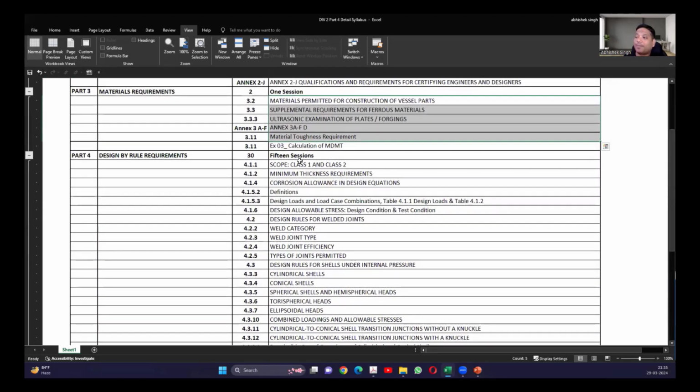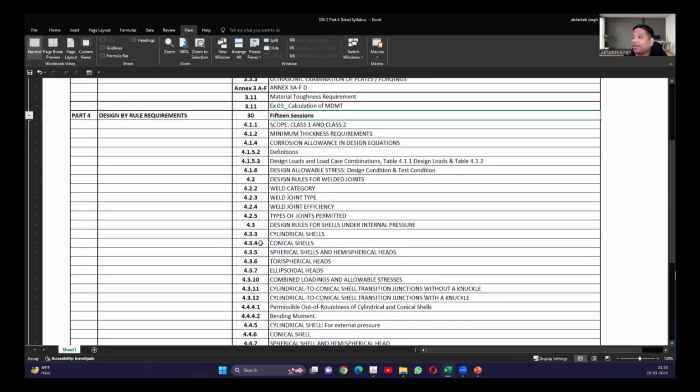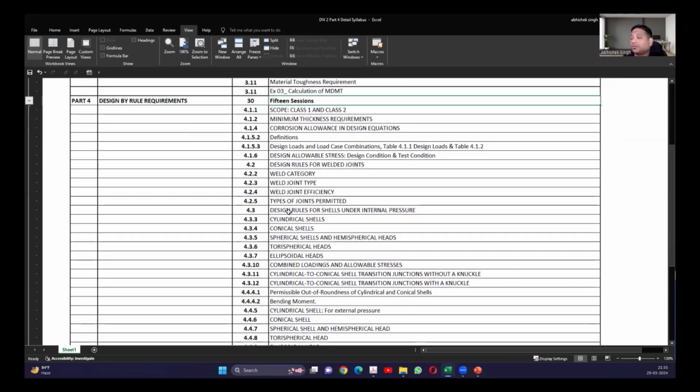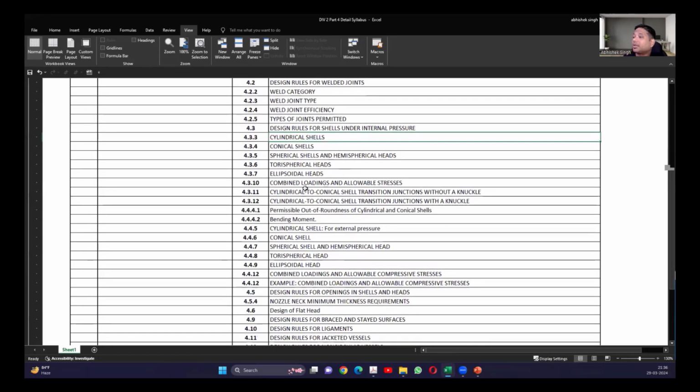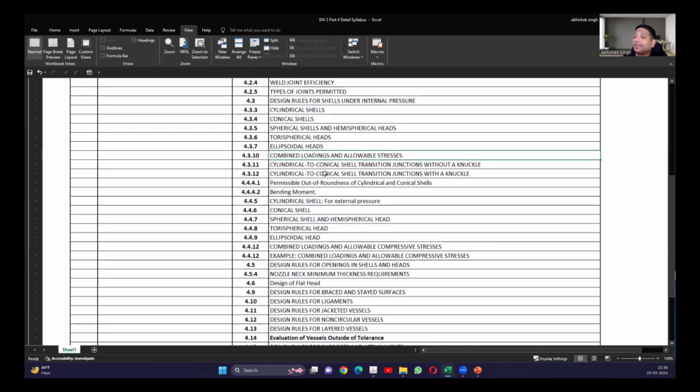Then part 4 is very, very detailed. Lots of additional calculations you'll see here, and most of the calculations in the mandatory appendix are also covered here. Starting from the different design loads, types of loads, types of components, design for internal pressure, external pressure, combined loading and allowable stresses, and cylindrical to conical shell junction design.